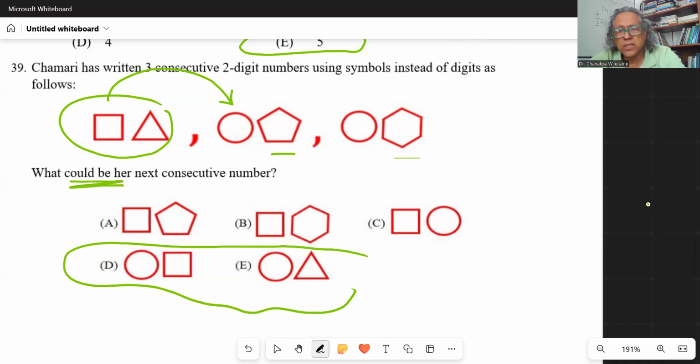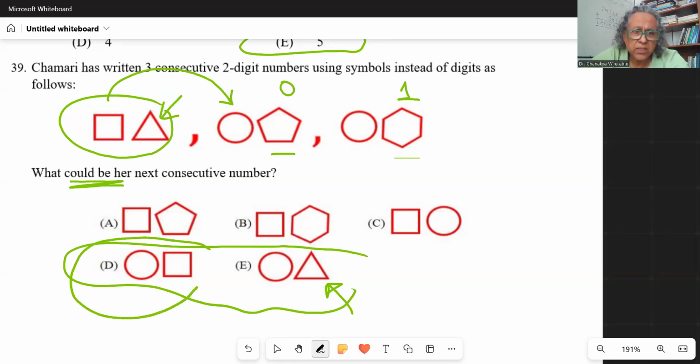And you can see that this is 9. It can't be this, right? Because you should get, right? So this is 1. This is 0, 1, 2, right? So it has to be this. The answer is this, right? Okay.